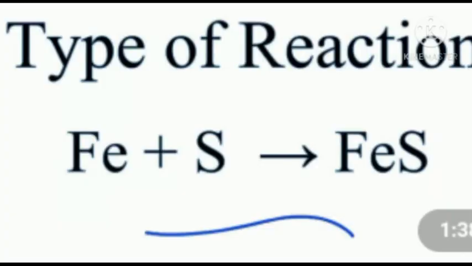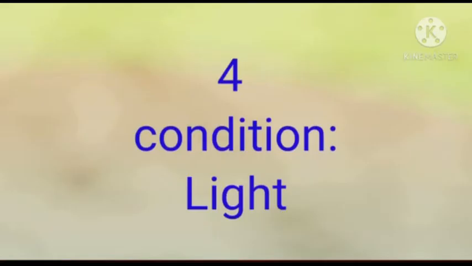Iron and sulfur, when we give heat to this mixture together, react with each other and produce the new substance, that is the iron sulfide. But students, without heating, they do not react with each other, even though they are in contact with each other. So some reactants need to be heated for their chemical change.